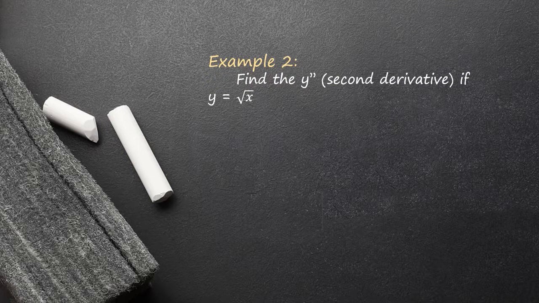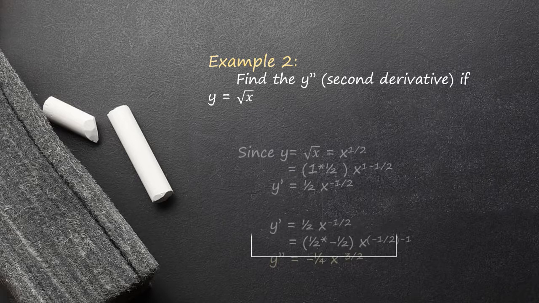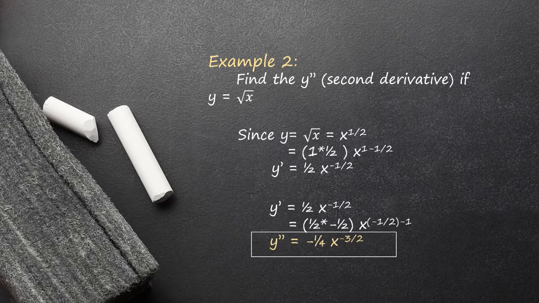Find the second derivative if y is equal to the square root of x. Since y equal to the square root of x is equal to x raised to 1 half, we can get 1 times 1 half x raised to 1 half minus 1. So the answer now is y prime is equal to 1 half x raised to negative 1 half.